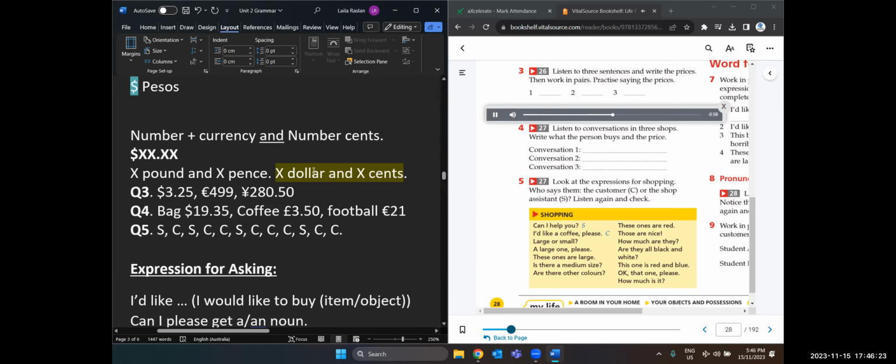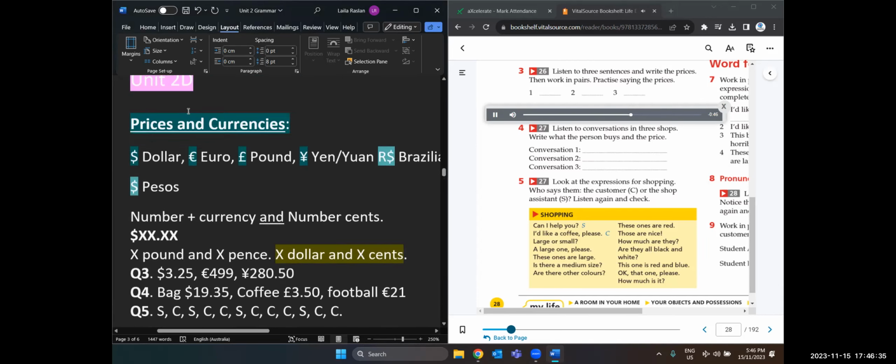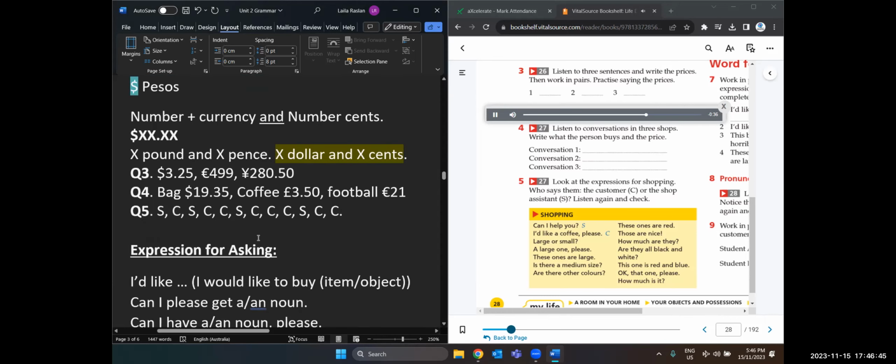A large one, please. That's £3.50. Conversation 3. Hello, can I help you? Hello. I'd like a ball, please. A football? A tennis ball? Sorry, a football. Well, the footballs are here. Are they all black and white?